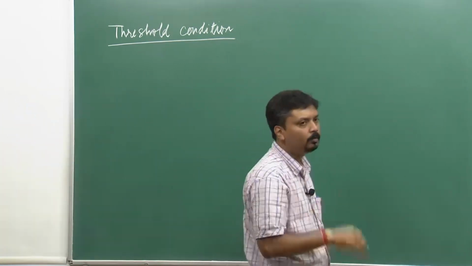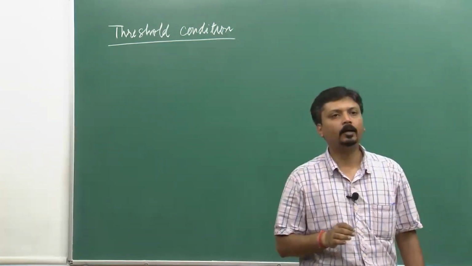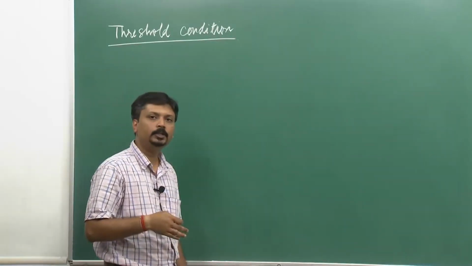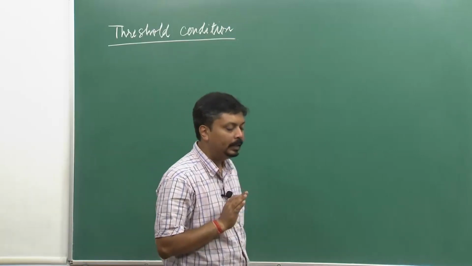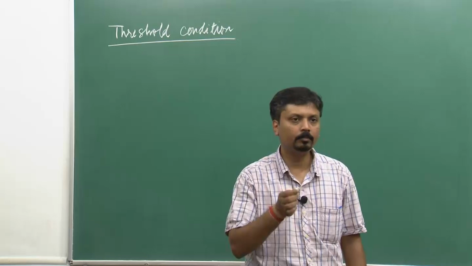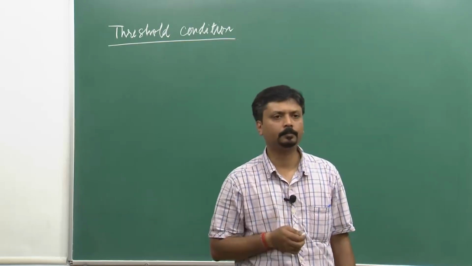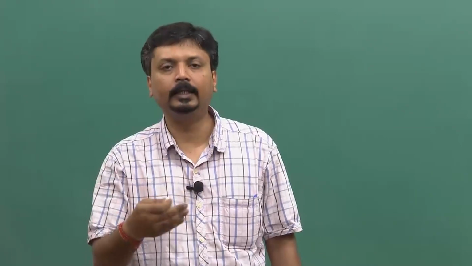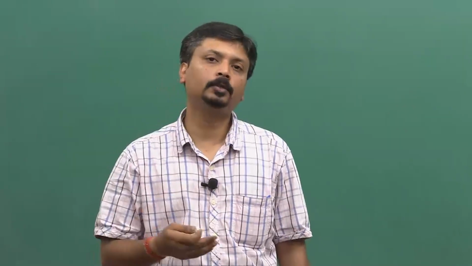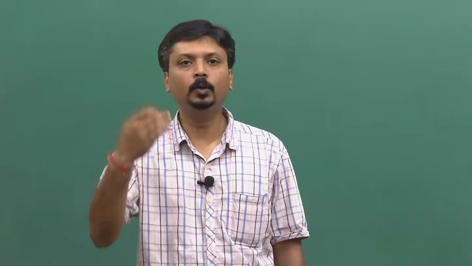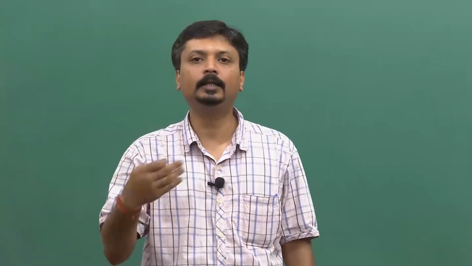So, we have learned about population inversion already, and we also know about the stimulated emission. So, knowing the population inversion and stimulated emission, what we can say is the change in the intensity of stimulated photons will be proportional to the difference in the population in the two levels involving the laser action.